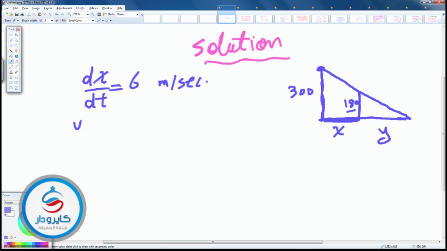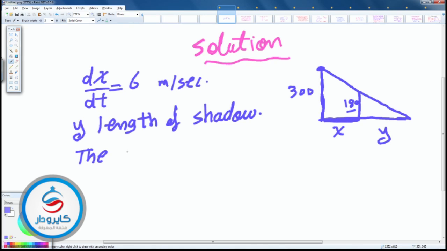Then y is the length of the shadow. Then from similarity, why do we use the similarity?